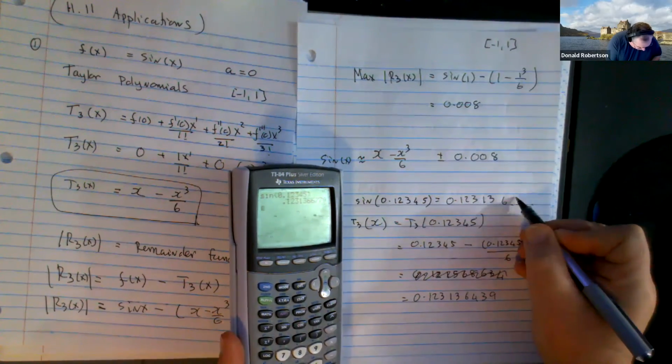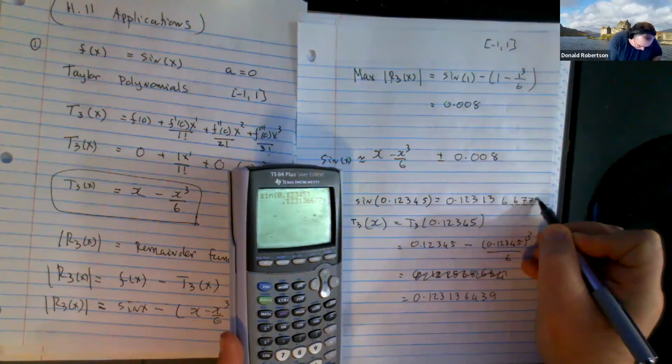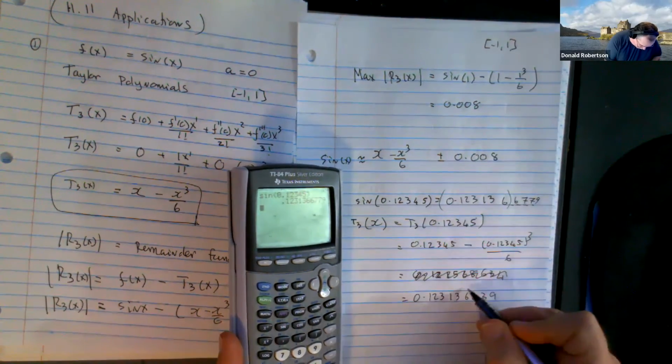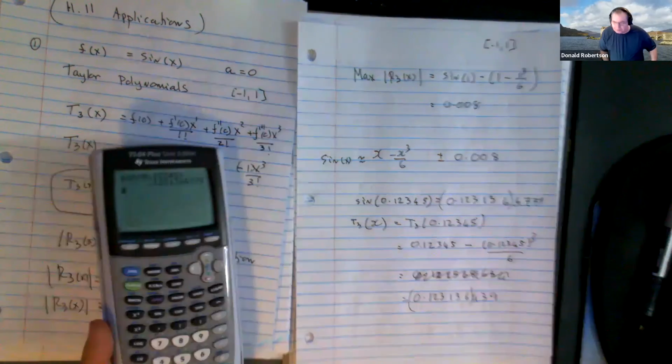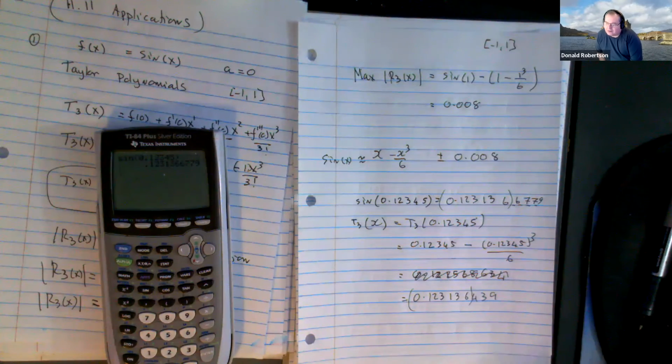And then it starts drifting. Come on, be impressed. Six decimal places-ish. And all I used was a cubic.